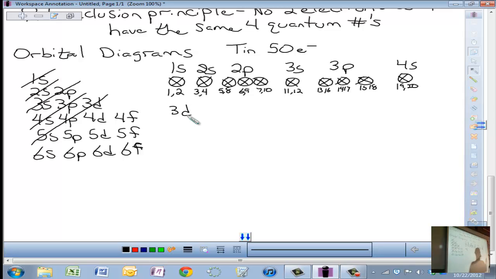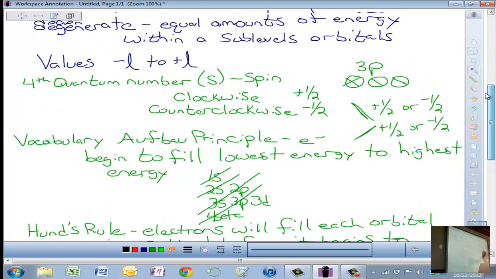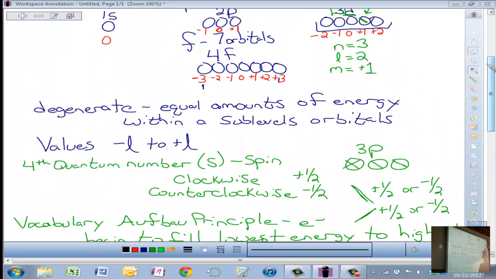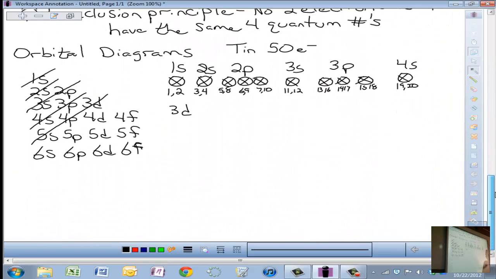Now a d, if we come back up here, there it is over here, a d has 5 circles, or has 5 orbitals. So 1, 2, 3, 4, and 5. So we're at 20, 21, 22, 23, 24, 25.